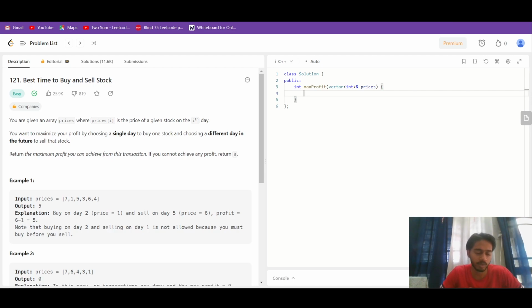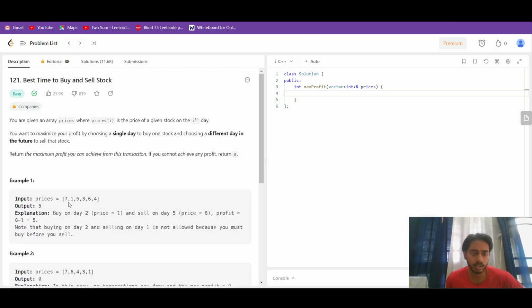So we check if any element is greater than, for example, in this example given, 7 1 5 4, if i is here, we'll run the next loop j from here to here and check if any element is greater than 7 and store the difference. And likewise, when i is here, we'll check if any element is greater than 1 and store the difference, and we'll only store the maximum difference. So likewise, we'll get the maximum profit.